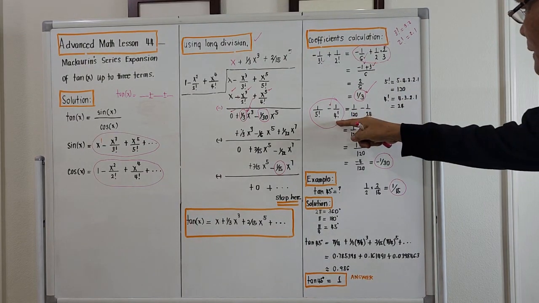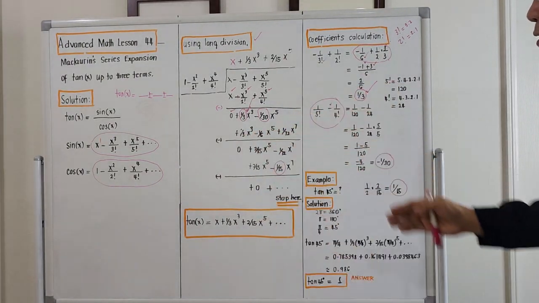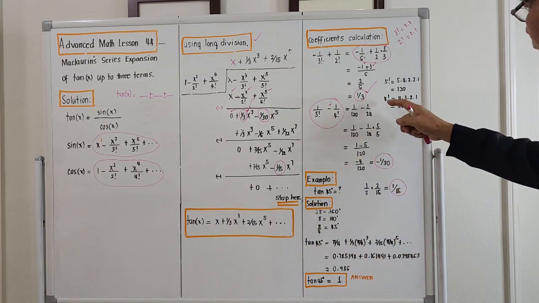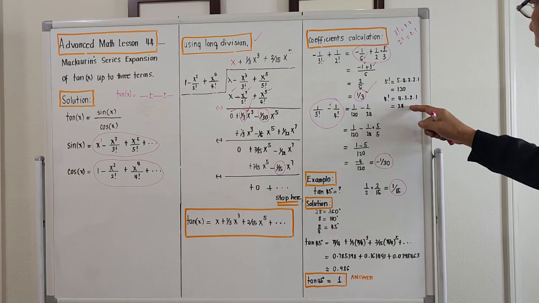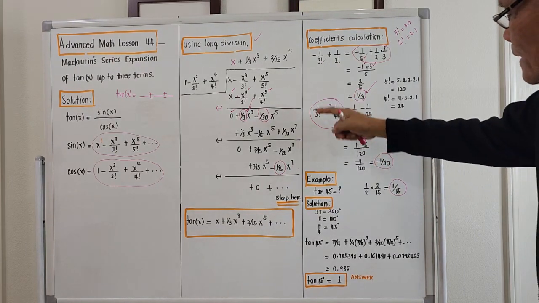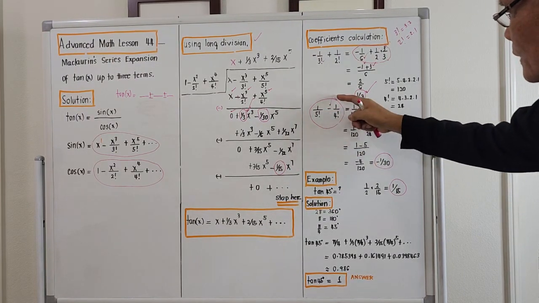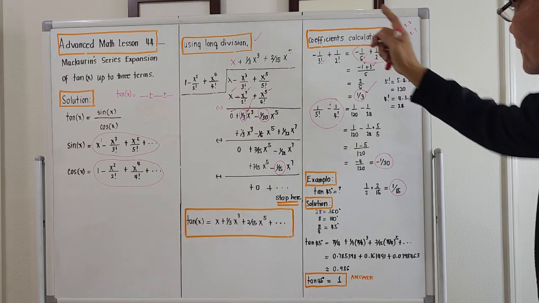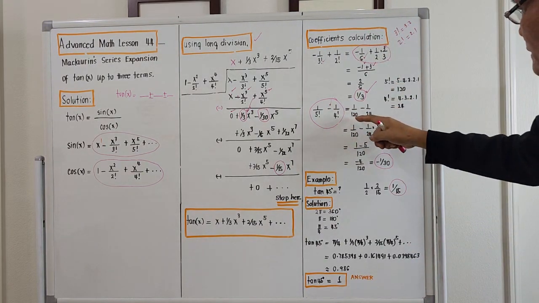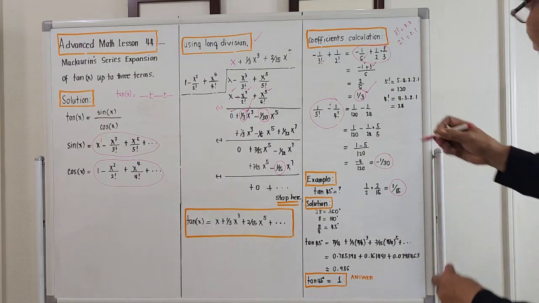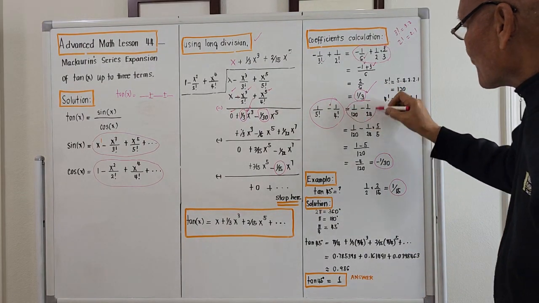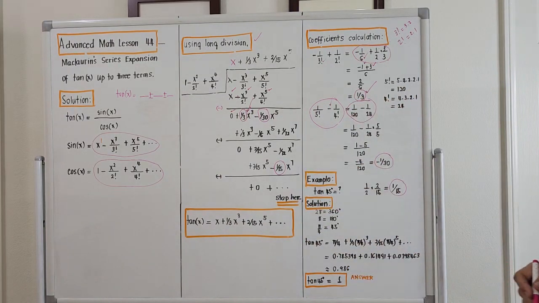And 4 factorial is actually 4 times 3 times 2 times 1, and that is actually 24. So 1 over 5 factorial minus 1 over 4 factorial is the difference of the fractions 1 over 120 minus 1 over 24.